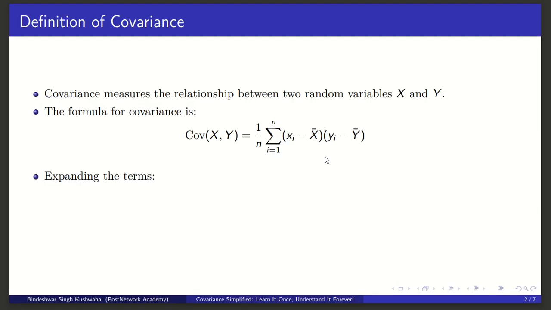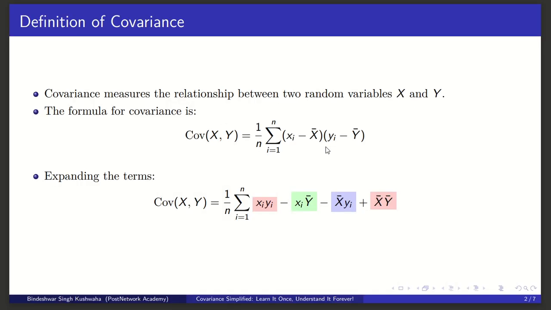So let's start. If you expand the terms of covariance, you will get the following expression: the summation from i equals 1 to n, 1 upon n, of xi yi minus xi y bar minus x bar yi plus x bar y bar, and see that the summation will apply over all the terms.